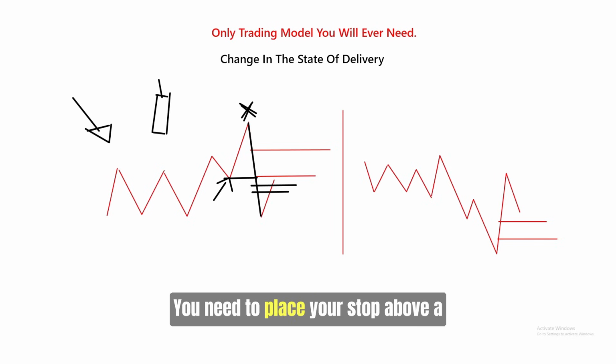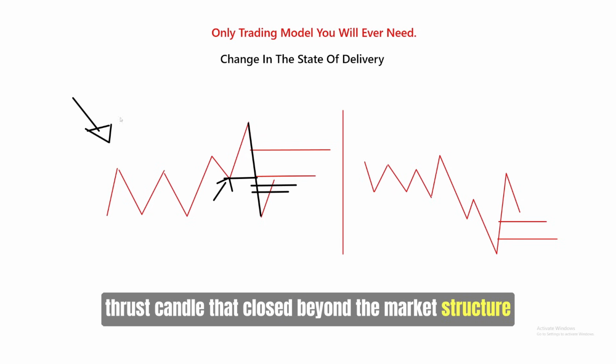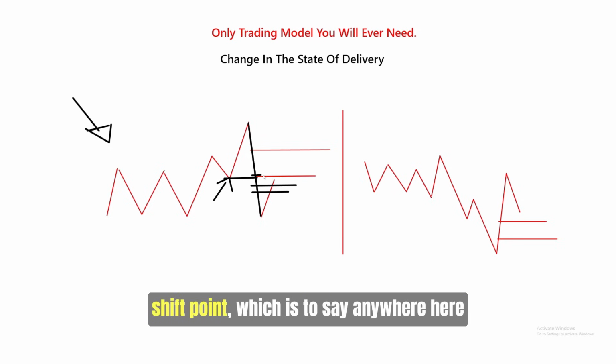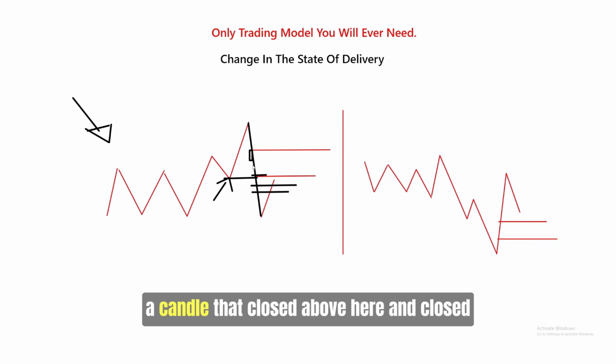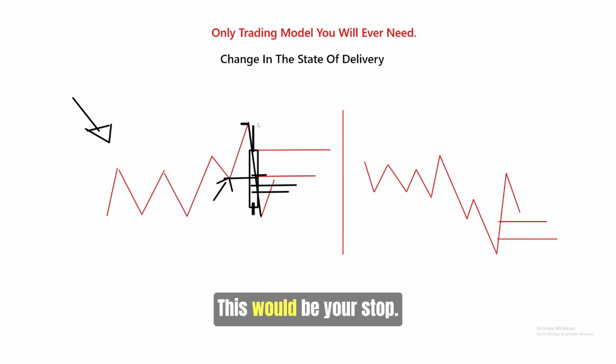You need to place your stop above a thrust candle that closed beyond the market structure shift point, which is to say anywhere here to here, and closed below it, right? So let's say in this scenario, we get a candle that closed above here and closed well below the market structure shift point. This would be your stop.